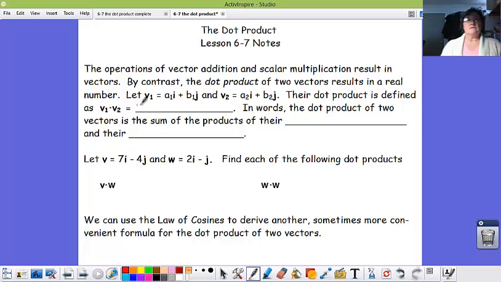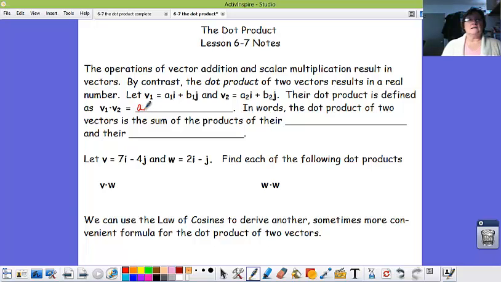We're going to suppose that we're starting with one vector, and you can see it here, and a second vector. The dot product, by definition, would be shown this way. It looks like multiply, but really it means dot, right? Vector 1 dot vector 2, or dotted with vector 2. And the arithmetic that you do to come up with that real number is this.